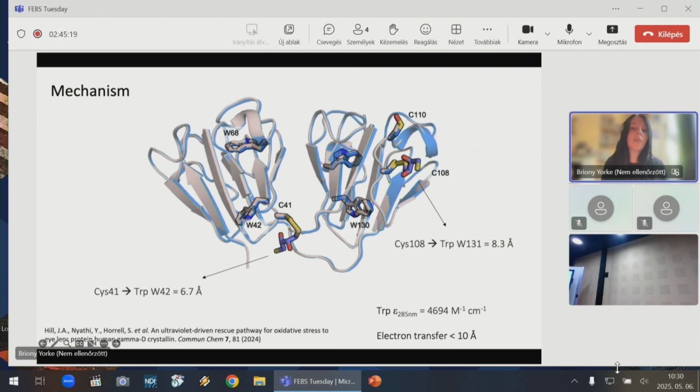The distance between our tryptophan 42 and our C41 disulfide bond is 6.7 angstroms, and the distance between the cysteine 108 adduct and the tryptophan 131 residue is 8.3 angstroms. So this is within the distance that electron transfer might happen. And we know that tryptophan is much more absorbing at 285 nanometers.